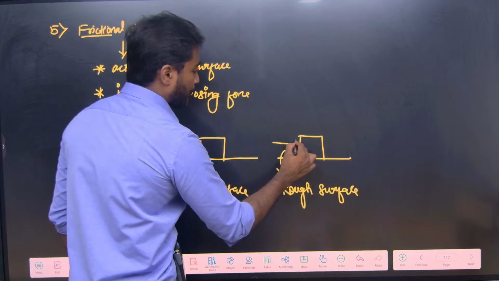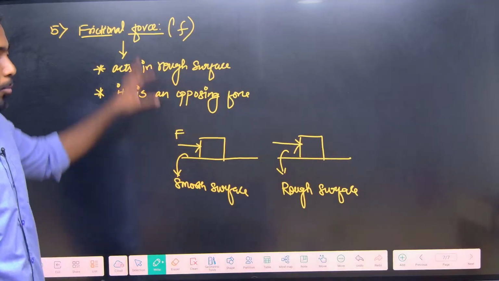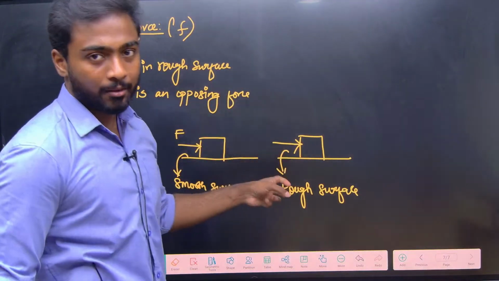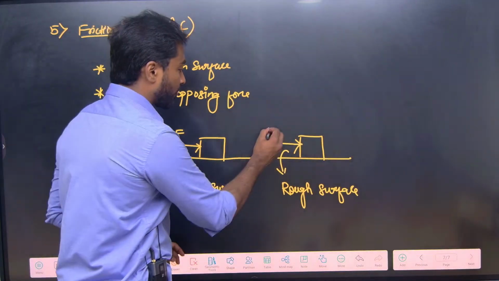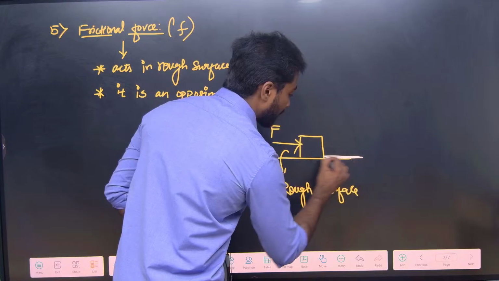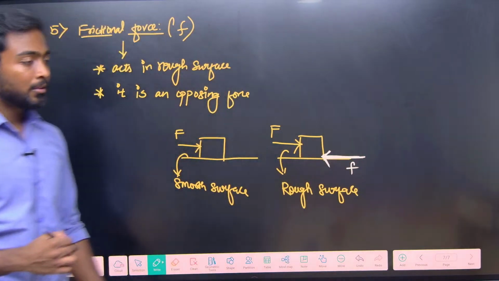If you are applying a force, and this is denoted by the small letter F, we will talk about the formulas in later classes. We will talk only about how it is acting. So, if you are applying a force F, the frictional force will be acting in the opposite direction. This is my frictional force.